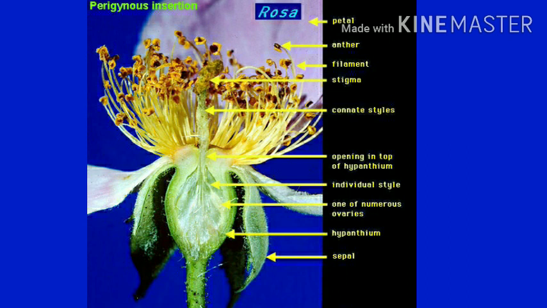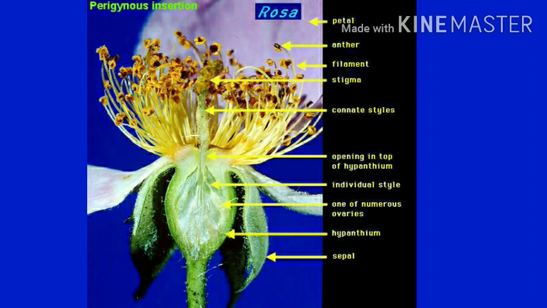Now this is a perigynous flower. You must have identified this is a flower of a rose, and you can see the thalamus, the green colored part, and all the whorls are arising at the rim of the thalamus, at the ridge or the margin of the thalamus. From there all the whorls are arising, and it is almost at the level of the ovary.